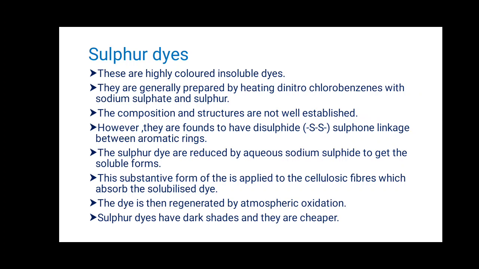The composition and structure are not well established in sulfur dyes. However, they are found to have disulfide or sulfone linkages between aromatic rings. The sulfur dyes are reduced by aqueous sodium sulfide to get the soluble form.